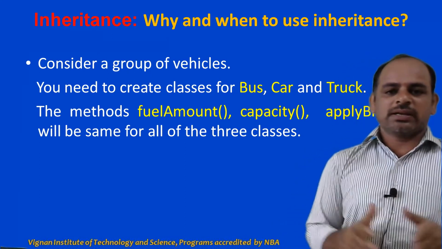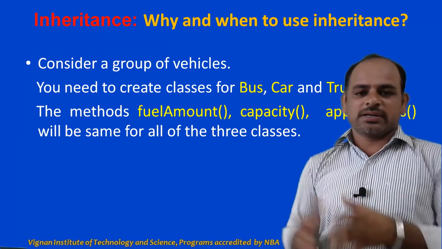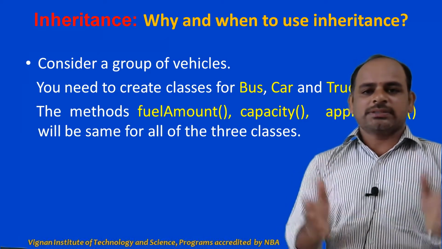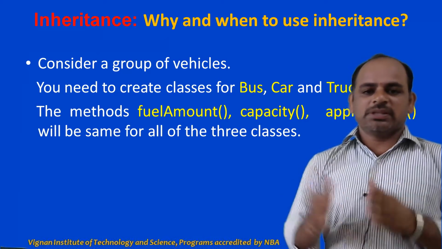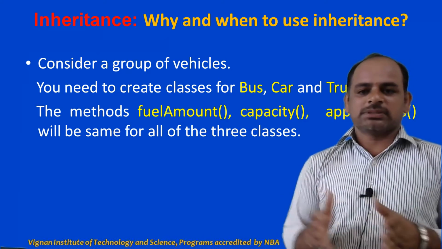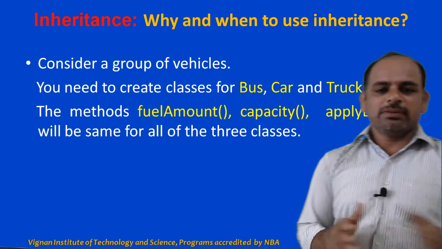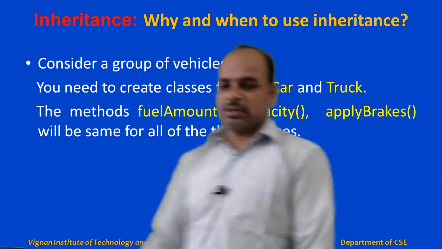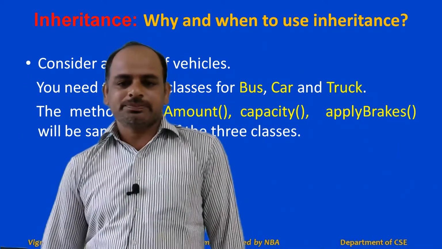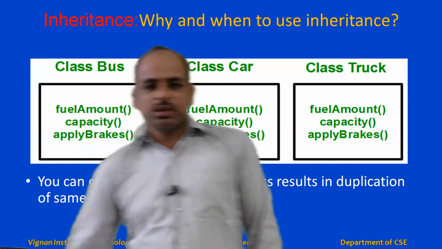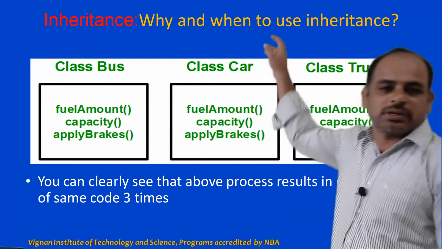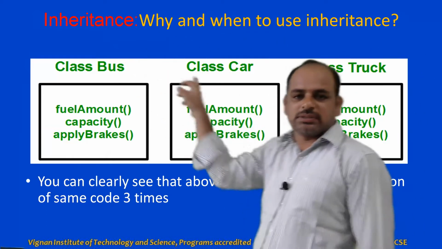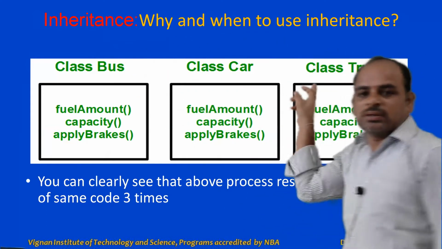So we need to create classes for the bus, car, and truck, and in each class we have to write these methods. We have to implement these methods, fuel amount, capacity, and apply brakes, and they will be the same for all three classes. You can see in the diagram. First one is the bus class, this is the car class, and this is class truck.